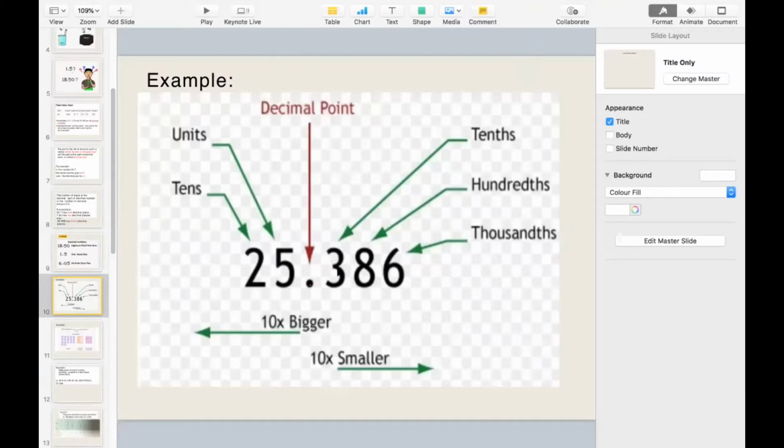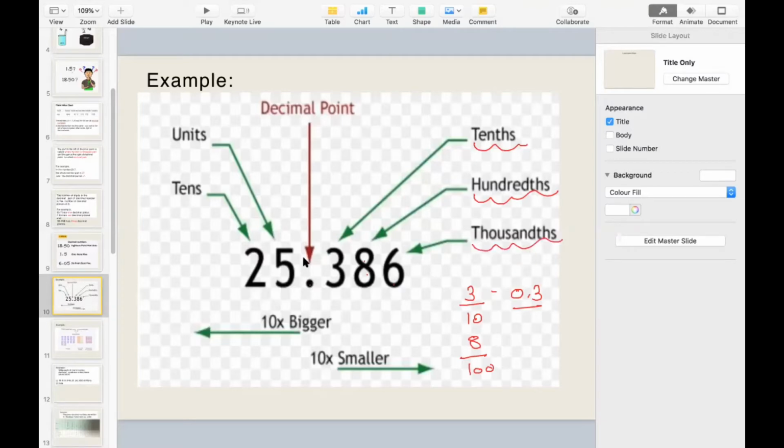The value of 3 is 3 upon 10, meaning 0.3. And the value of 8 is 8 upon 100. Why? Because 8 is at the hundredth place, 3 is at the tenth place, and 6 is at the thousandth place.